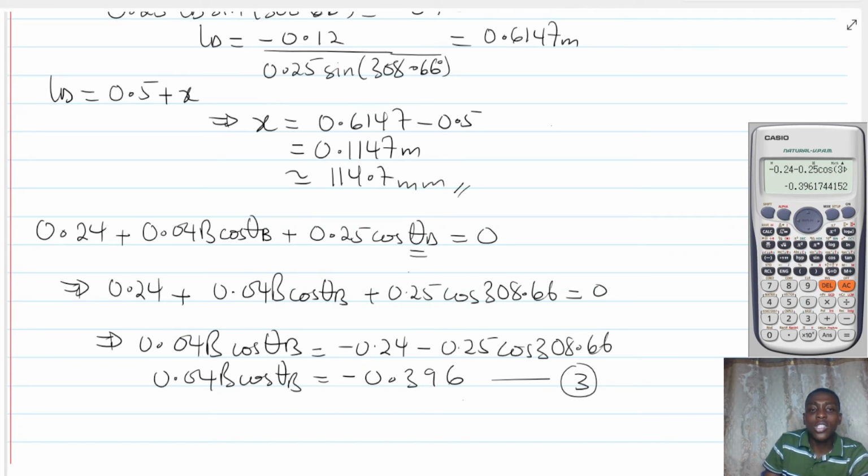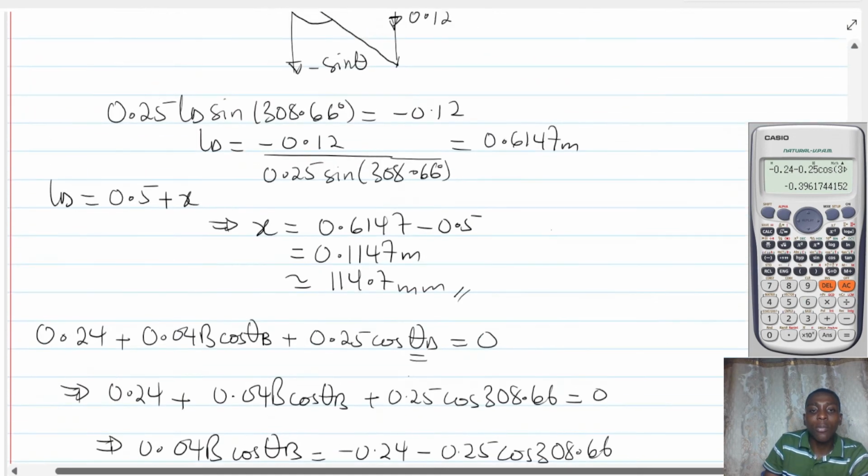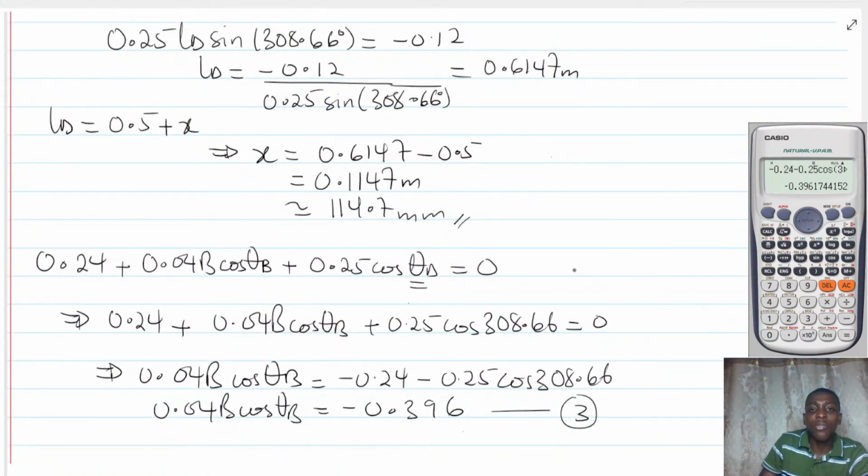Now I need another equation, and that will come from the summation of mi ri cosine theta i from i equals 1 to n equal to 0, and that is what gave me this.